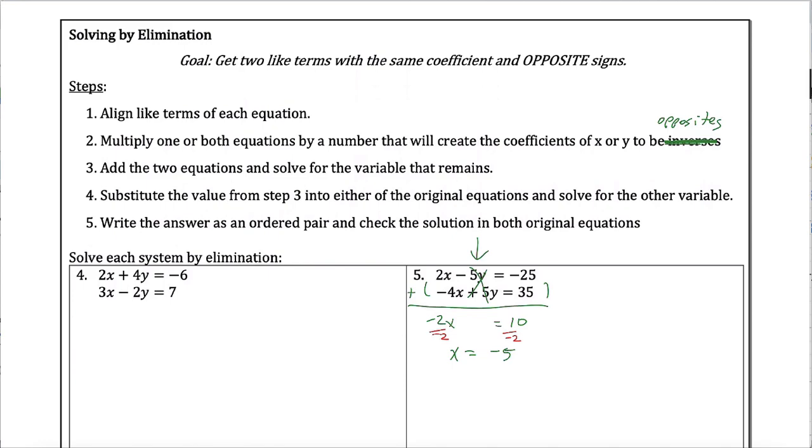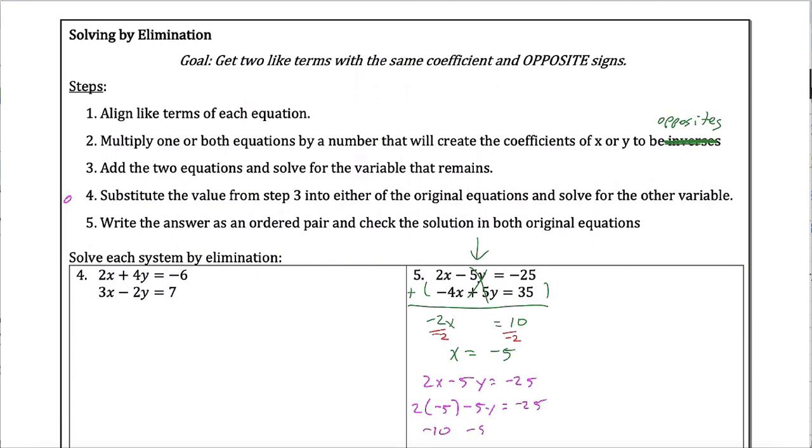And so if I know that x equals negative 5, I'm up to step 4 here, I can substitute that value into the equations that I started with. And it doesn't matter which one of the original equations you start with. I'll do the one with the easier numbers. 2x minus 5y equals negative 25. And so I can say 2 times negative 5 minus 5y equals negative 25. And now I can just keep solving this.